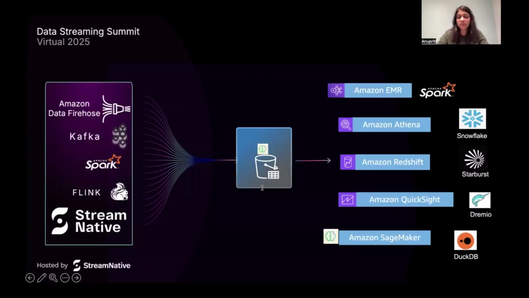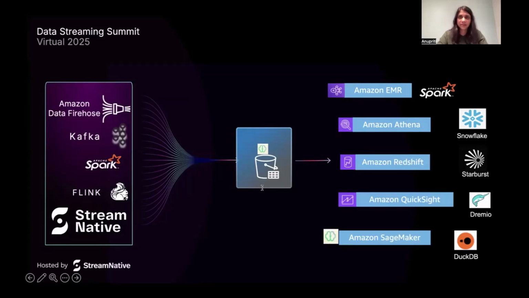And then there are these open source engines like Kafka, Flink, and Spark for rich event processing and transformations. These engines take care of filtering, enriching, and aggregating data in motion before writing it directly into S3 tables in Apache Iceberg format.